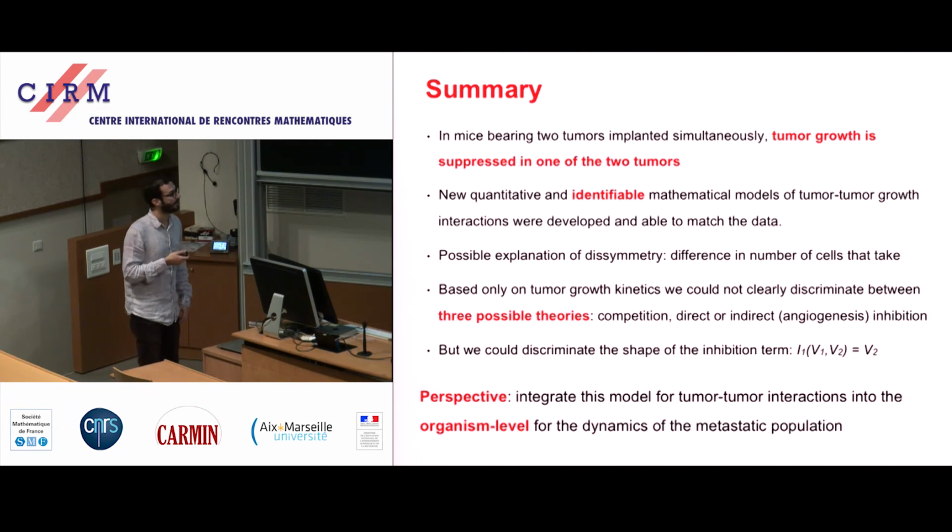We have developed some models that are robust, at least for description of this phenomenon, which might be very interesting for integrating into the global metastatic model in order to simulate the metastatic dynamics when all the tumors would be interacting in the system.